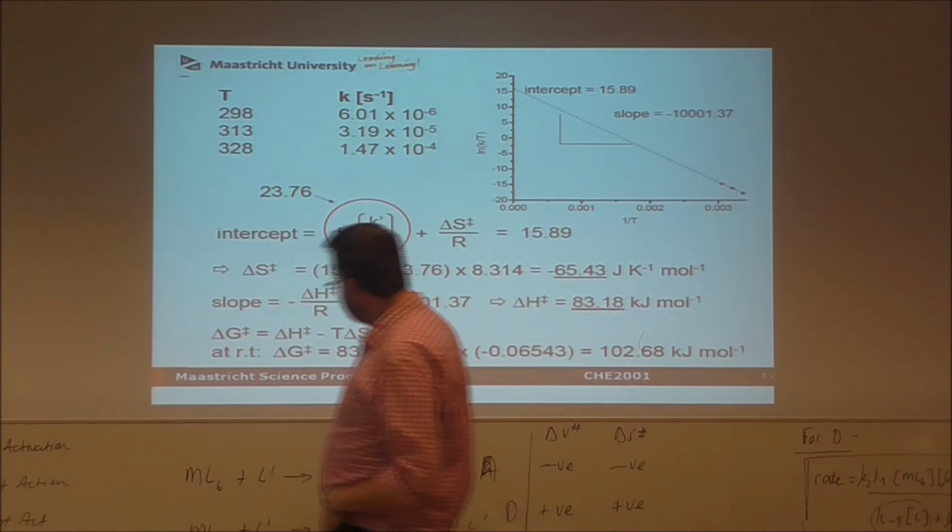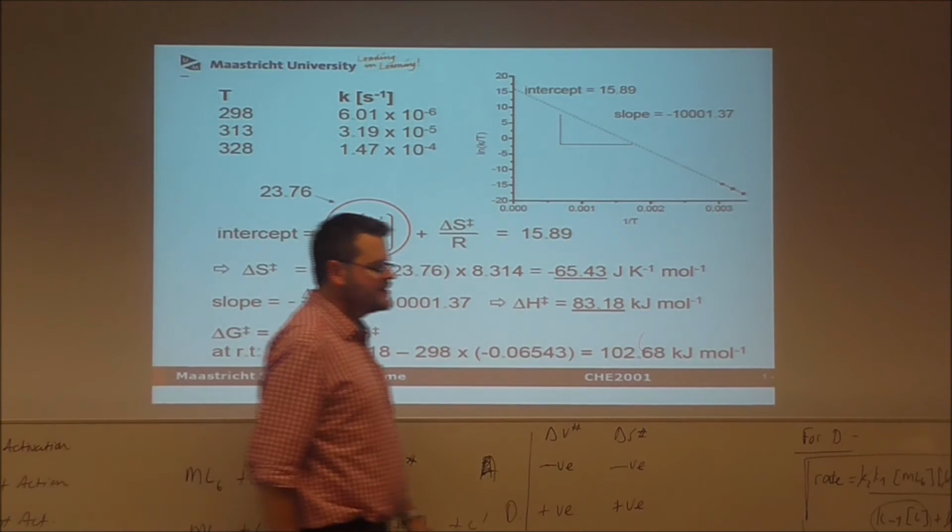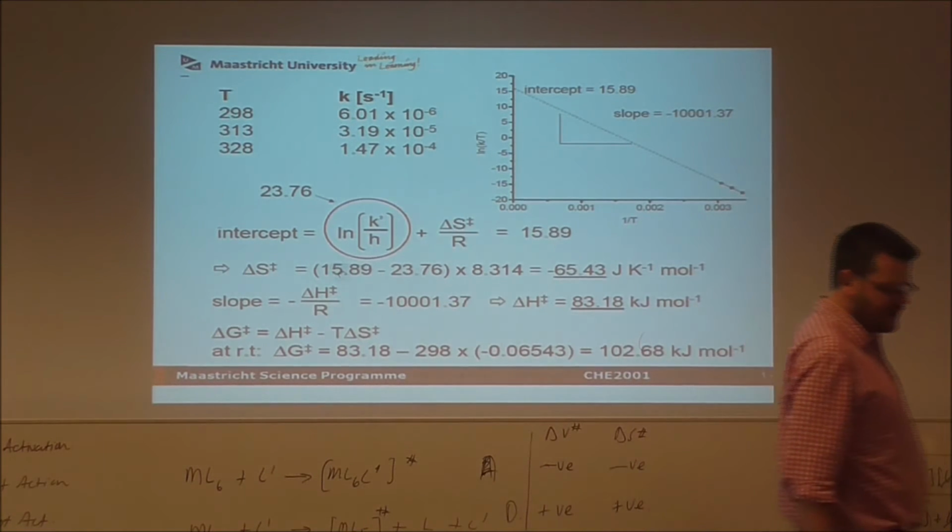The slope is minus delta H over R, where delta H is the enthalpy of activation. So from the slope you get the enthalpy of activation, and from the y-intercept you get the entropy of activation. You can actually determine these values experimentally.